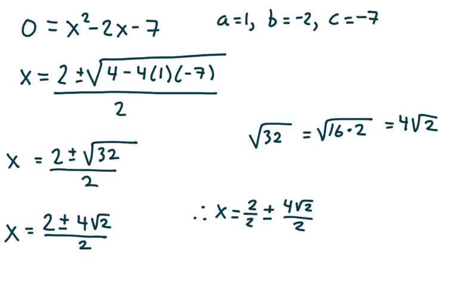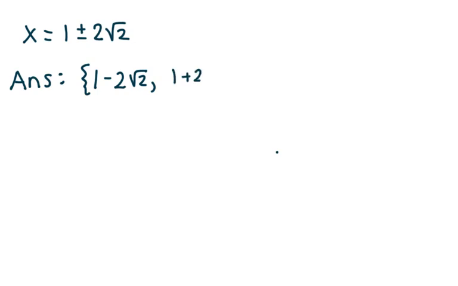And so x is 1 plus or minus 2, right? 4 divided by 2 is 2, times the square root of 2. And so we have two solutions. We have 1 minus 2 times the square root of 2, and we also have 1 plus 2 times the square root of 2.